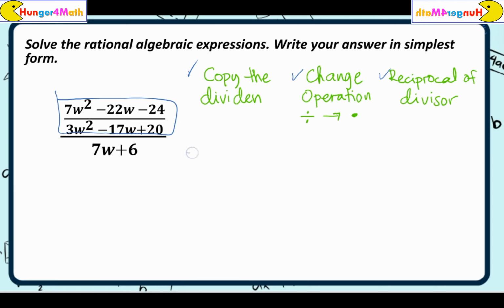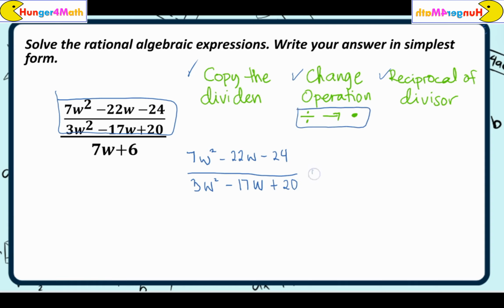So you have here 7w squared minus 22w minus 24 all over 3w squared minus 17w plus 20. Then from division, we'll use multiplication. Then the reciprocal of your divisor, which is 7w plus 6, will turn into 1 over 7w plus 6.